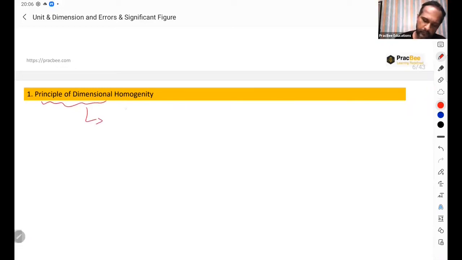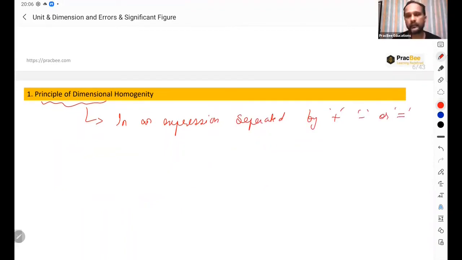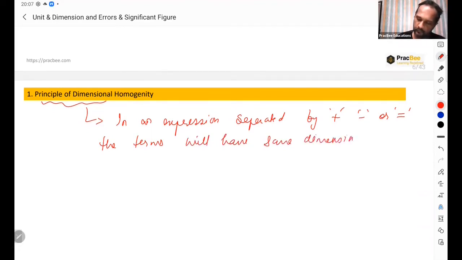It means that in an expression separated by plus sign, minus sign, or equal to sign, the terms will have the same dimension.